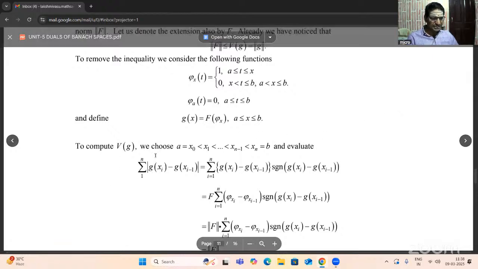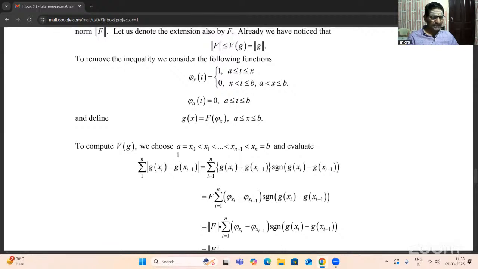So that is the summation of mod g of xi minus g of xi minus 1. Here i varies from 1 to n. Summation, that is the sign of g of xi minus g of xi minus 1, the signature function. Now this expression is denoted by psi of xi minus psi of xi minus 1, and the signature function is g of xi minus g of xi minus 1.